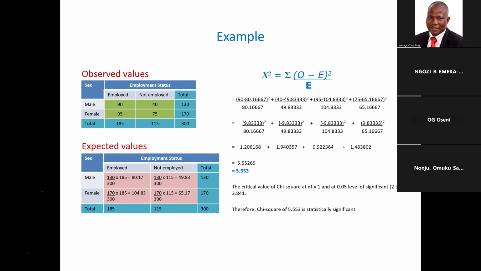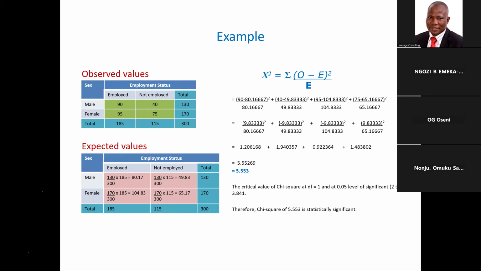It gives you 49.83 for male and 65.17 for female. So we expect about 50 male and 65 female not employed, not the 40 and 75 we have. If you do 49.83 over 130 and 65.17 over 170, the proportion will be the same.